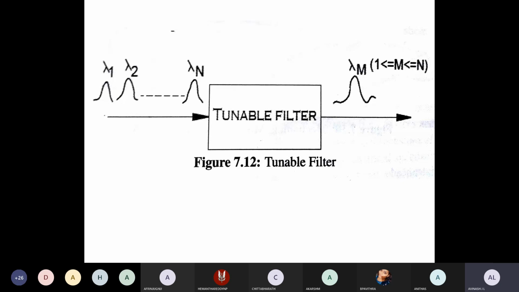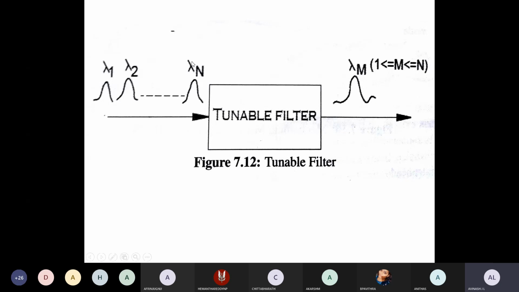So the tuned wavelength will be in the range of lambda 1 to lambda n, that is wavelength 1 to wavelength n. Between this particular range only, the output of the tuned wavelength will be available. Okay, so it cannot exceed the lambda n value.